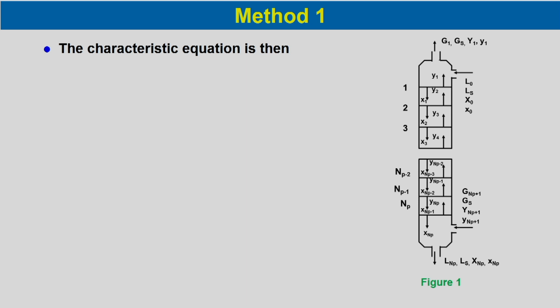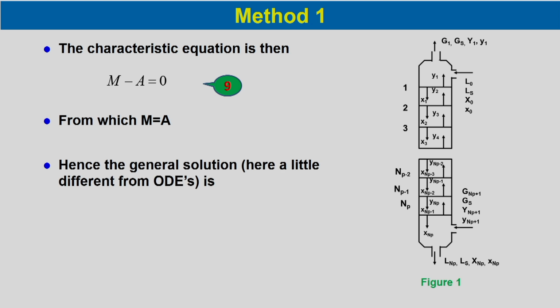Now, the characteristic equation of this difference equation is m minus A equal to 0. This is equation 9. Here we can write m equal to A. The general solution is a little different than for ODEs. The general solution is x n equal to C 1 A to the power n, where C 1 is a constant.